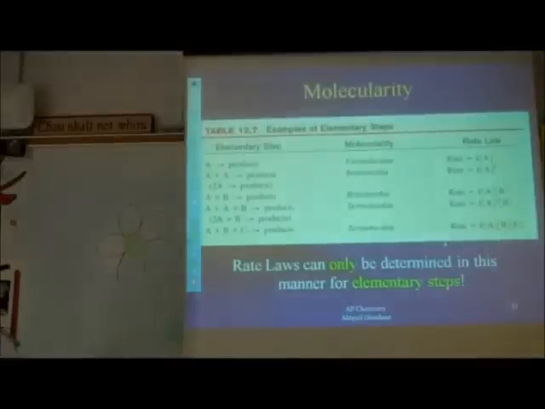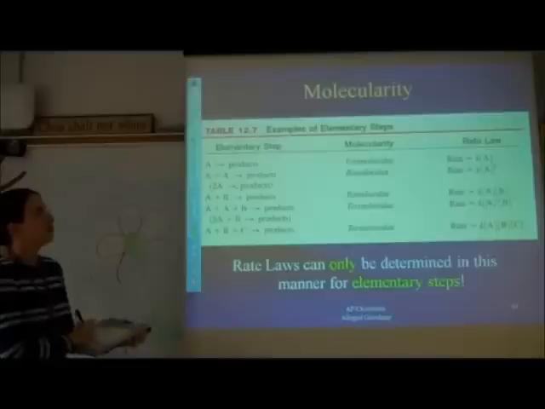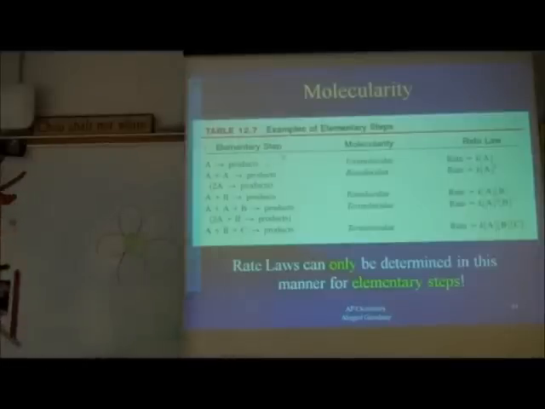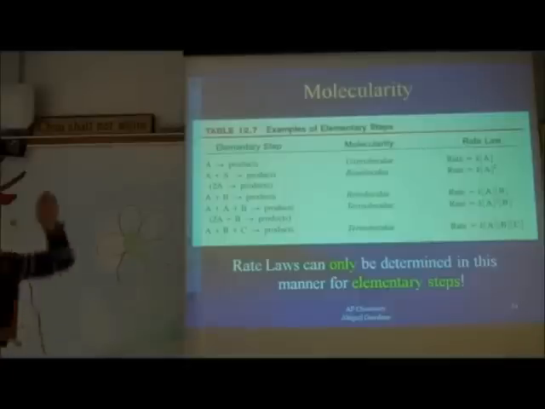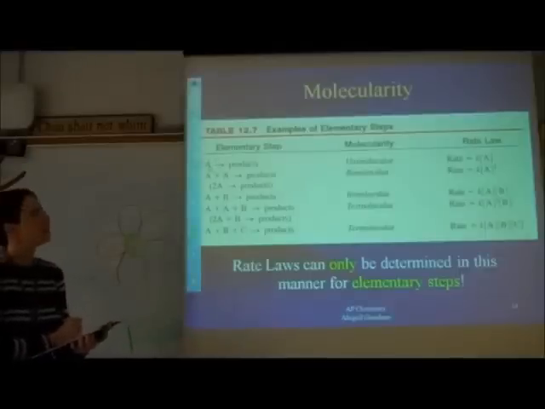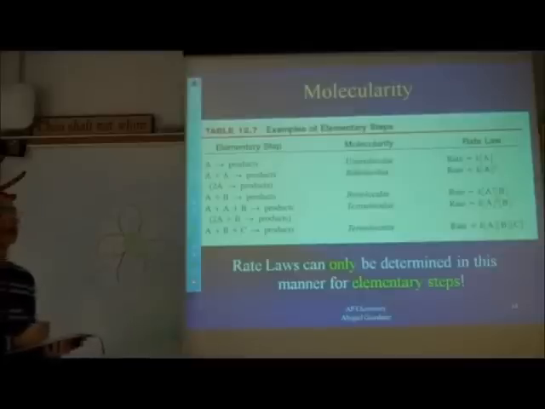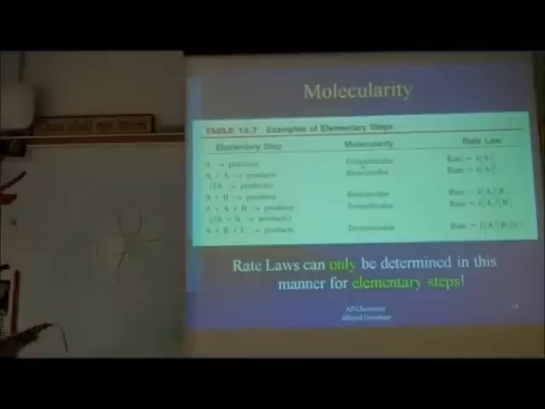This is a chart out of your book. Right? First of all, everything that's listed here, it's telling us these are elementary steps. Pieces of a reaction mechanism. Right? If you have an elementary step that has only one reactant, you can describe it as a unimolecular elementary step. The prefix uni means one.